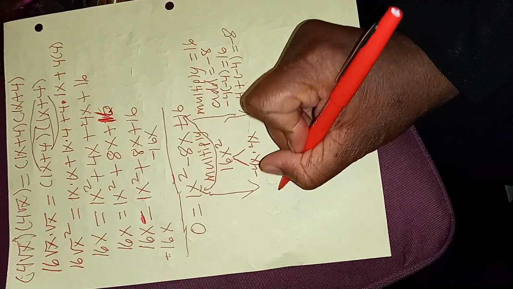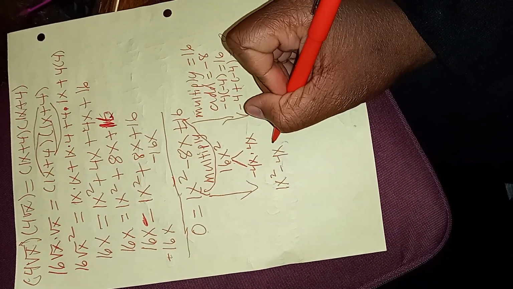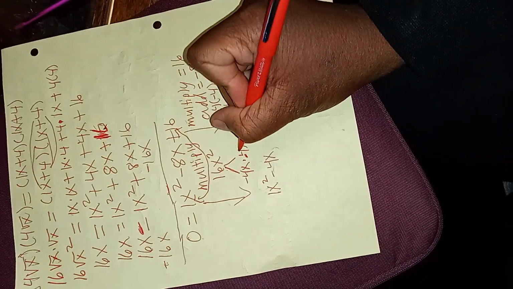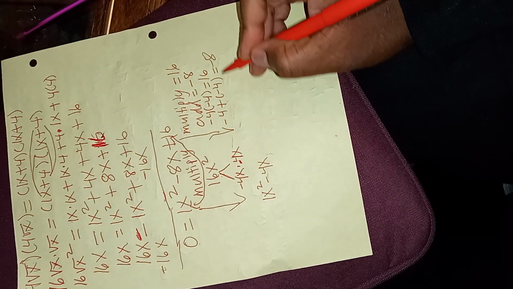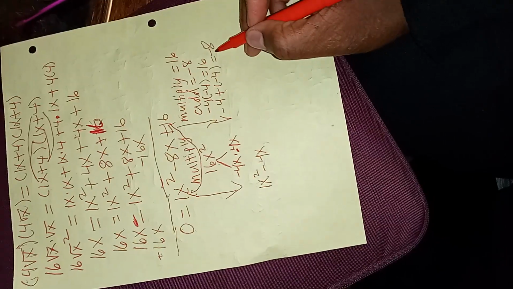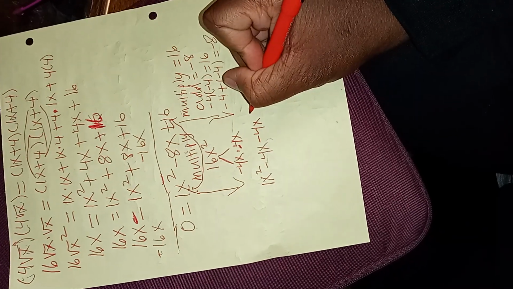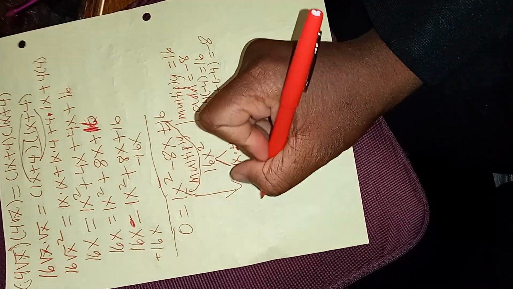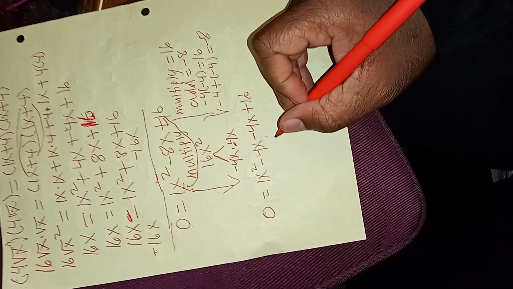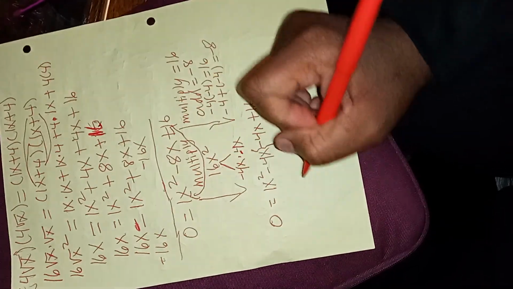Okay, so 1x squared minus 4x, and we have a negative in front of that 4x as well, because negative 4 times negative 4 will give us 16, and negative 4 plus negative 4 will give us negative 8. So minus 4x plus 16. And then on the other side, 0 is equal to 1x squared minus 4x plus 16. Then split this in half.